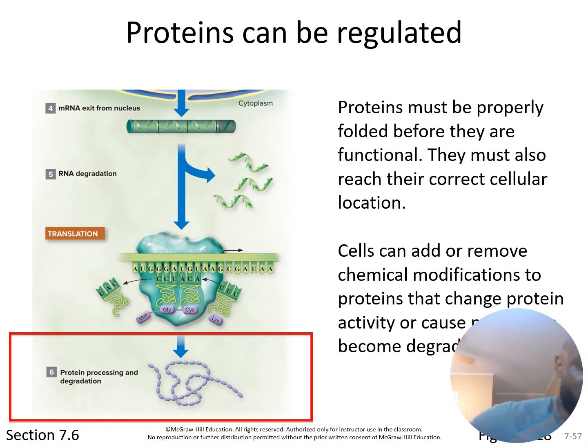If there is something we don't need in the body, your body can use chemicals to change the pH and denature it, and your body will no longer be able to use it. So if I have too much of a certain protein in the cell, I can denature those proteins and they won't do anything.